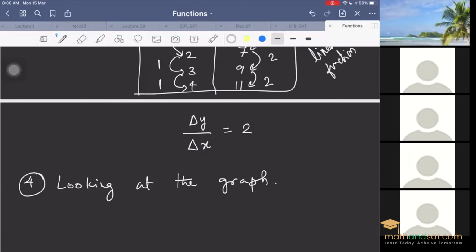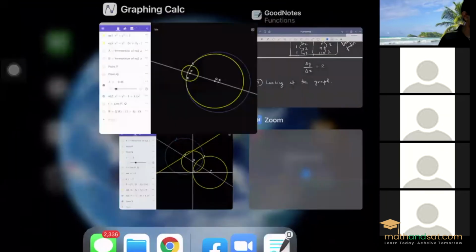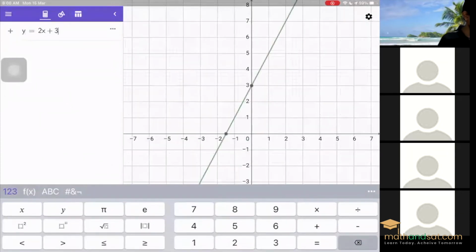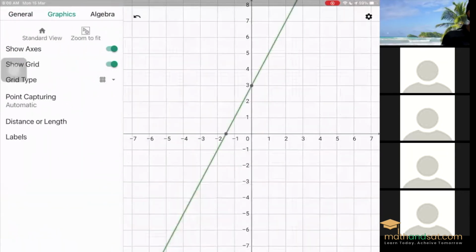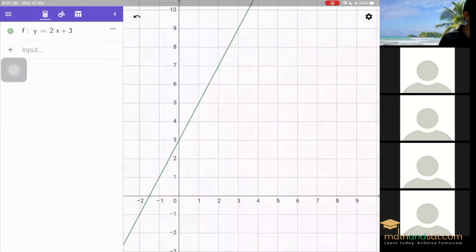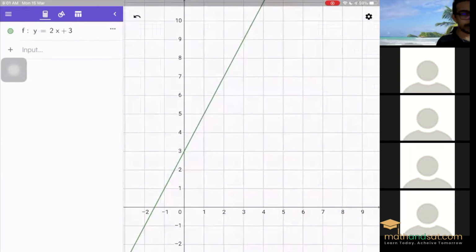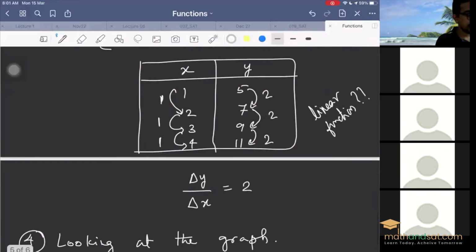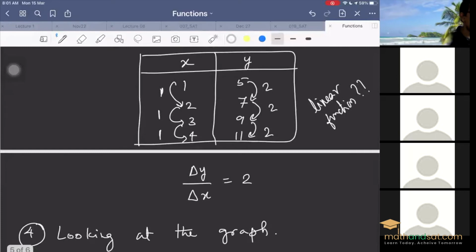For example, if I have y is equal to 2x plus 3, this is a straight line, right? And we just saw some of the points on the graph: (1, 5), (2, 7), (3, 9), (4, 11). These are all points on this graph.